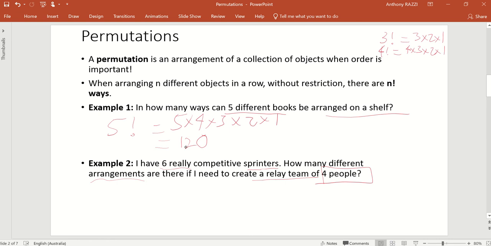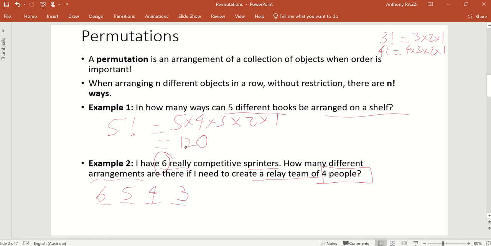If there are 6 sprinters and we have 4 spots in our relay team, in our first spot, we can choose from all 6 sprinters. So there's 6 possibilities. Now in our second spot, we've already used one of the sprinters, so there's only 5 left. And in our third spot, there's only going to be 4 left. And in our fourth spot, there's only going to be 3 left.